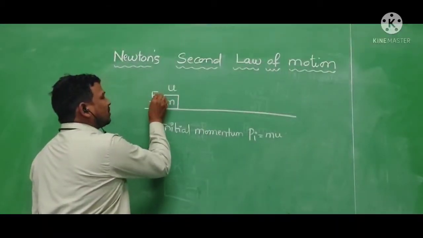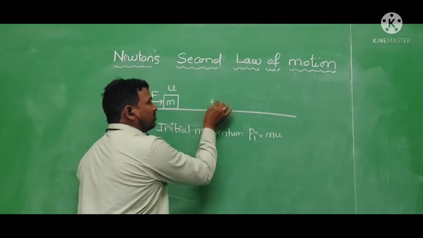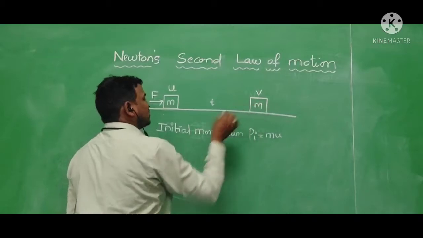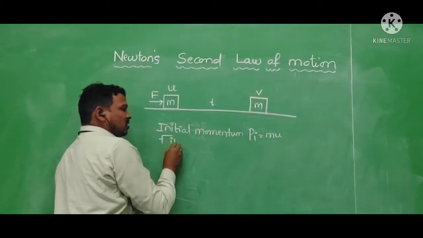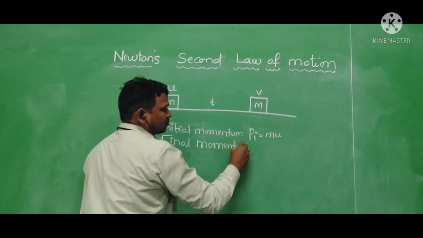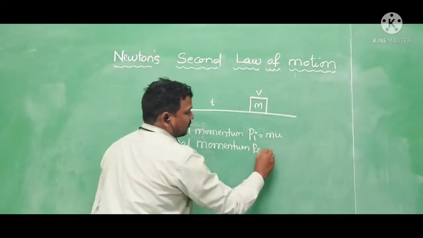If some external force is applied on this body, after some time t it will gain some final velocity v with mass m. The final momentum is Pf.